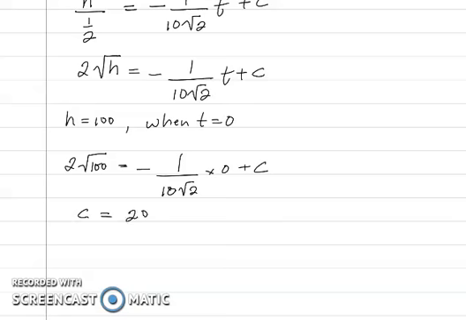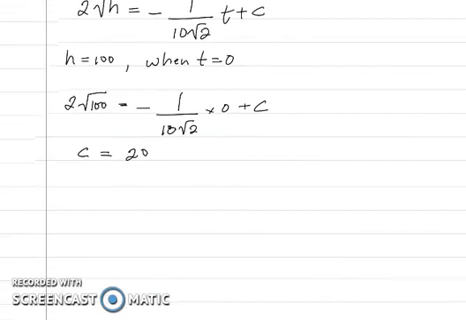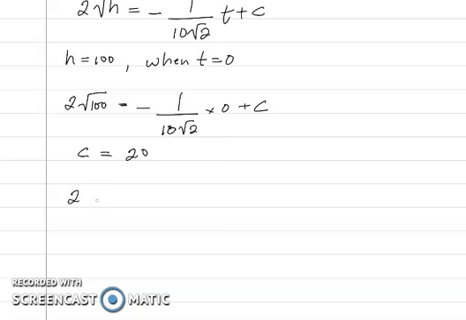So my equation so far is 2 times h to the 1/2 power is equal to minus 1 over 10 root 2 t plus 20.